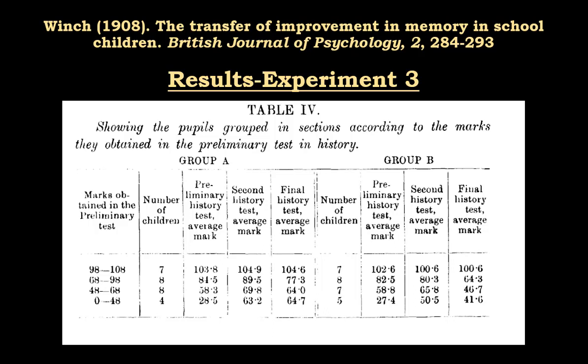But in this case, Winch did a previous test to make sure that the participants have the same ability in memory before starting the training. And that's something that is sometimes done, sometimes not done, because the idea is that with randomization, we get equality in the two groups.